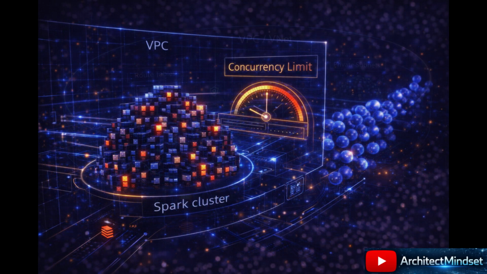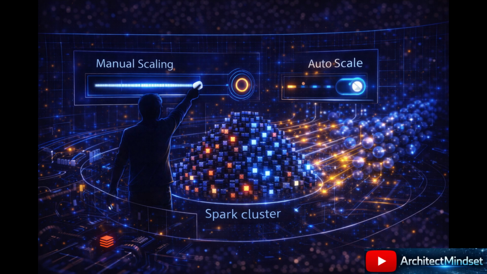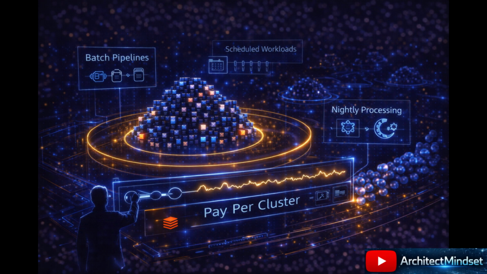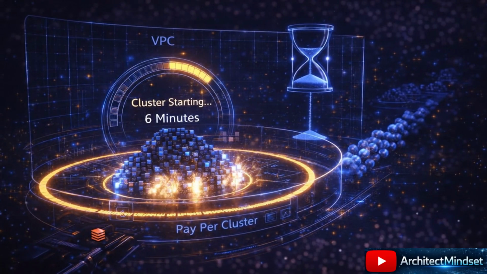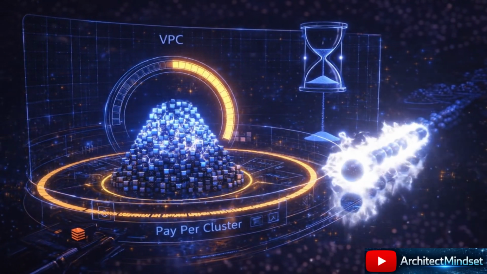The concurrency in classic compute is limited by cluster size and configuration. The scaling is manual, but can be configured to autoscale. The cost model is pay per cluster, cheaper for predictable batch workloads. It's powerful, but it's slow, often taking 5 minutes just to spin up.